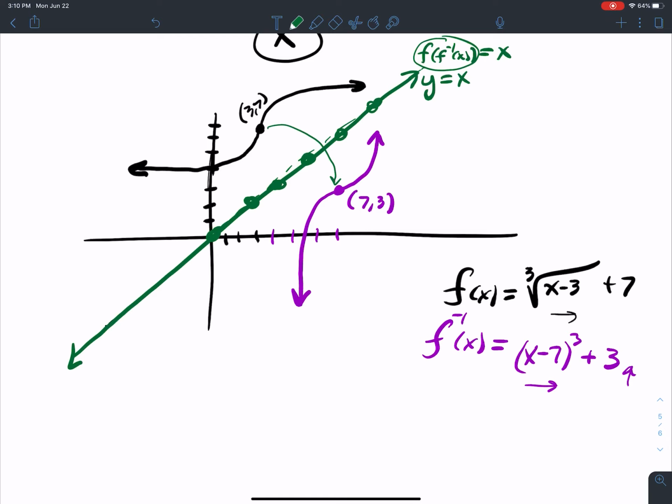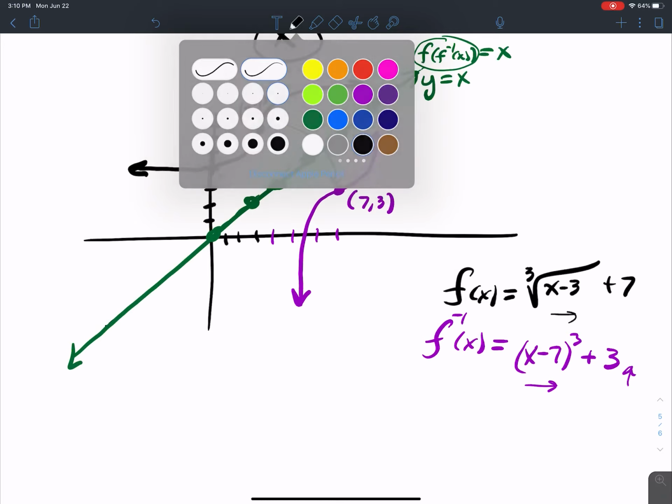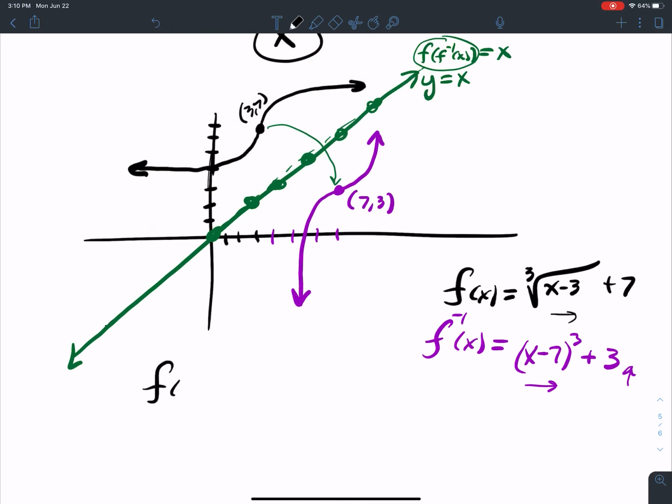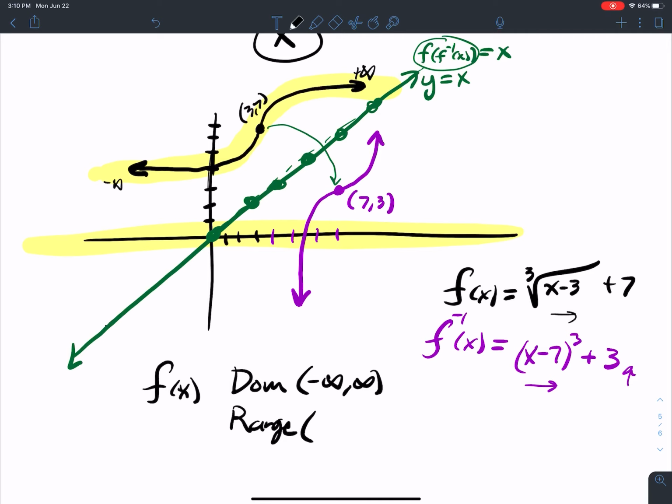Inverse functions: we literally swap the domain and the range. Now, it just so happens that for f of x, the domain, well, what x's work for this curve? All x's work, right? So the domain is from negative infinity to infinity, and the range, even though it may or may not look like it, goes down to negative infinity and up to positive infinity.